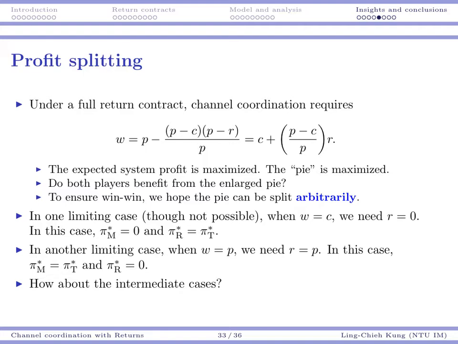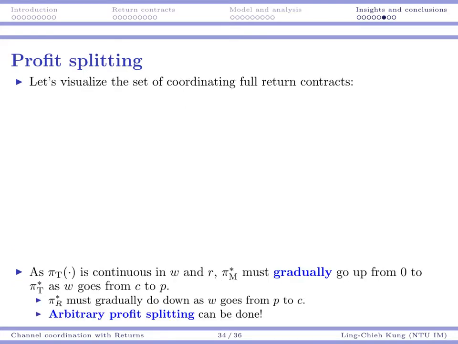Let's discuss it. The set of coordinating return contracts can be depicted like this. I have W and I have R. These two parameters are something I should decide when designing a return contract.